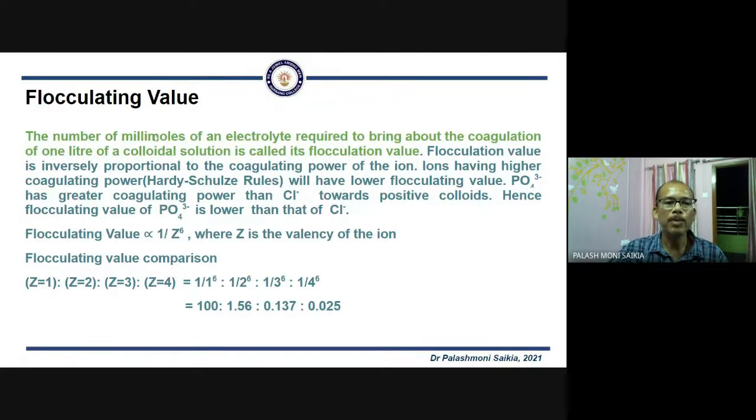So two things you have to remember: flocculating value is the millimoles of an electrolyte required to cause coagulation of 1 liter of colloid, it is inversely proportional to coagulating power, and it is inversely proportional to Z to the power 6, where Z is the valency.